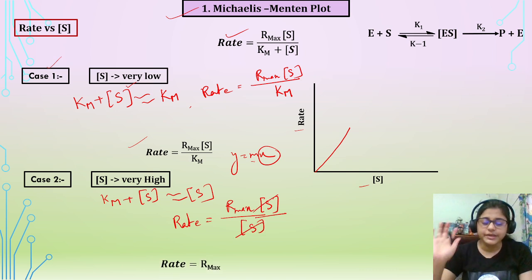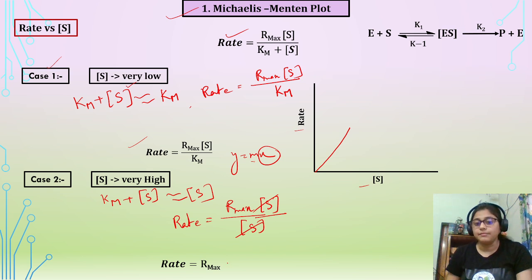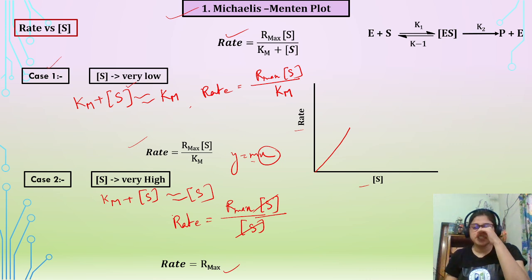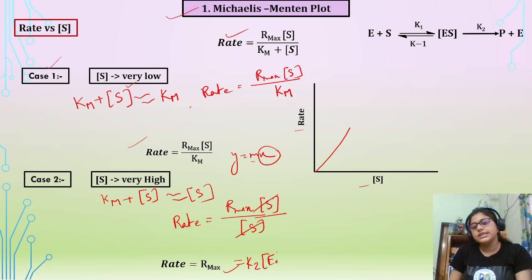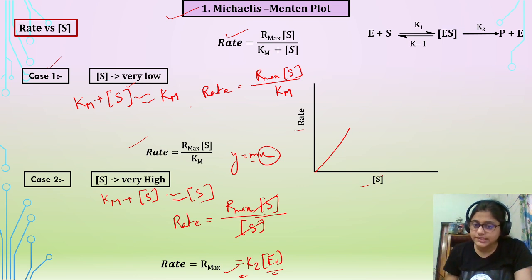Now rate will be equal to R max. So if you see here, there is no substrate concentration term. That means when S concentration is very high, the rate will be constant, because we know R max equal to K2 into E0. E0 is a constant quantity, K2 is obviously constant. So when S is high, this plot will not depend on concentration. It will be parallel to the x-axis like this.